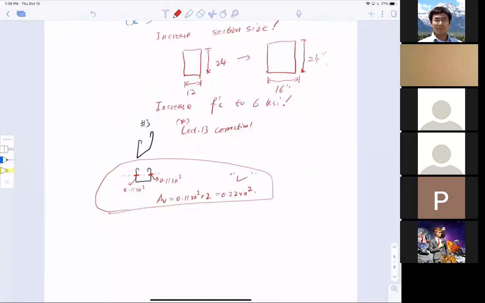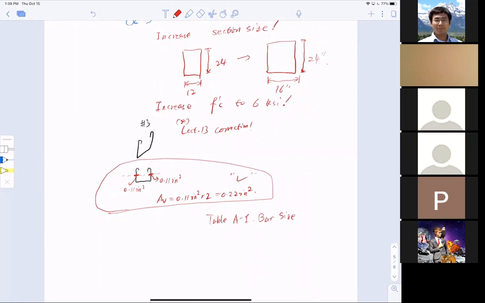And let me answer one question from chat here. Is there a table for stirrup dimensions? If you go to table A1 in the textbook, that should have all the bar sizes. The stirrup dimension is always number 3, number 5.